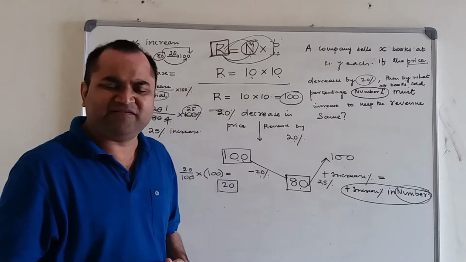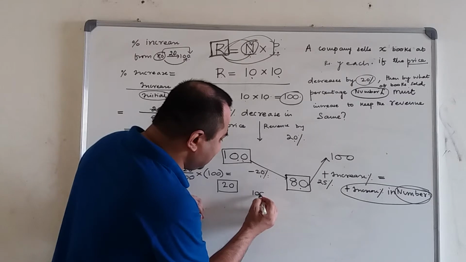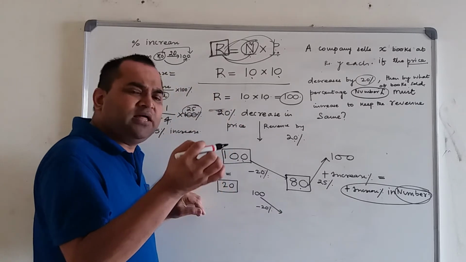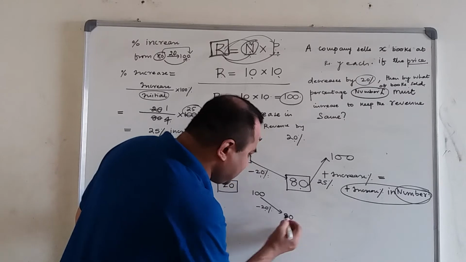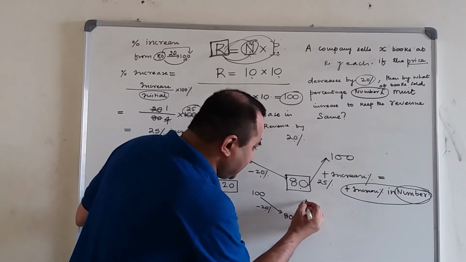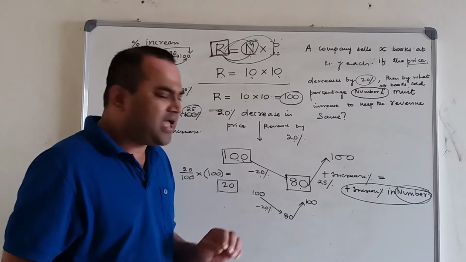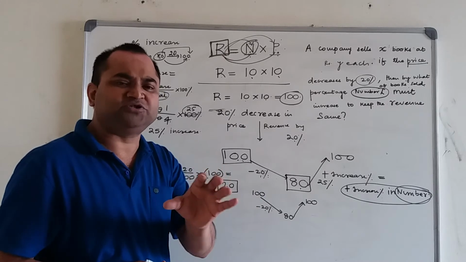So I will summarize this solution once again. Let the initial revenue be 100. A 20% decrease in the revenue due to a 20% decrease in price will bring it down to 80. 80 must again be restored to the original revenue, which is 100, and this will come about from the percentage increase in the number of books sold.